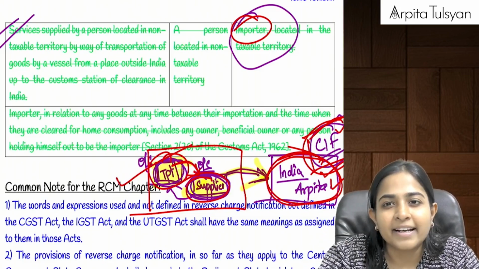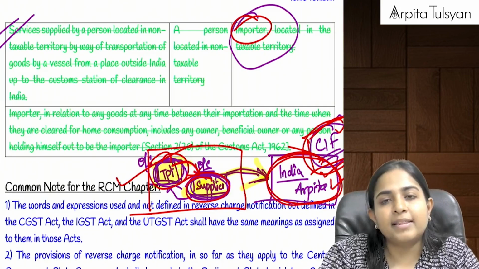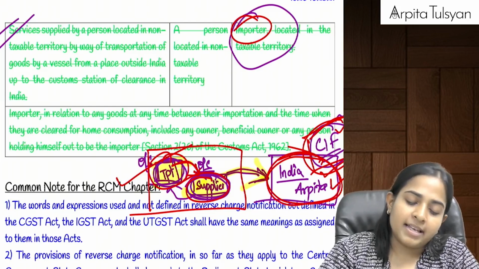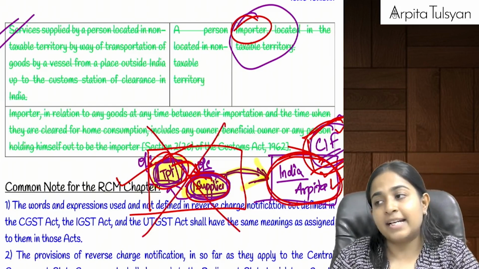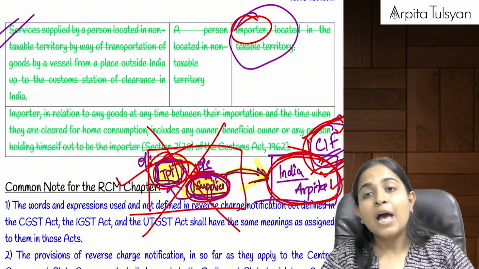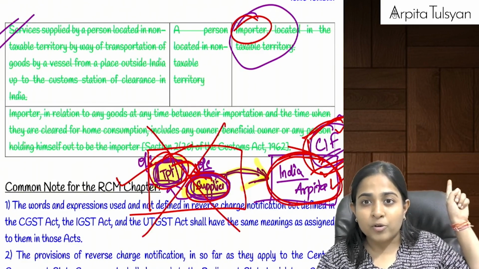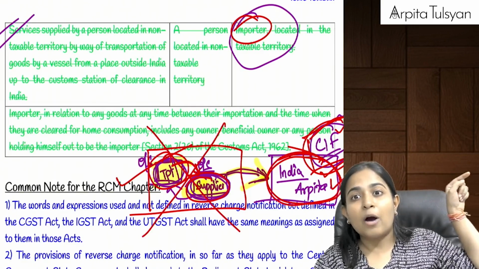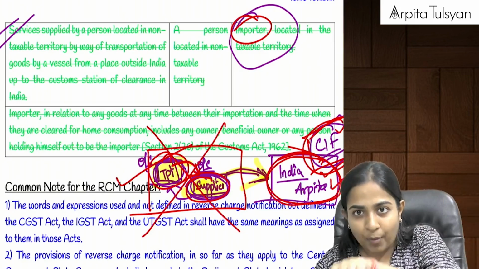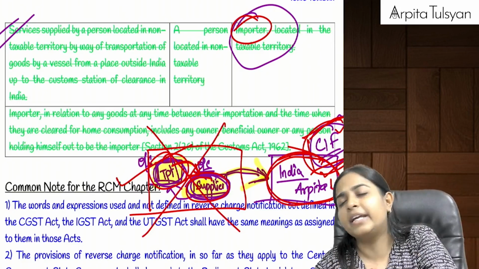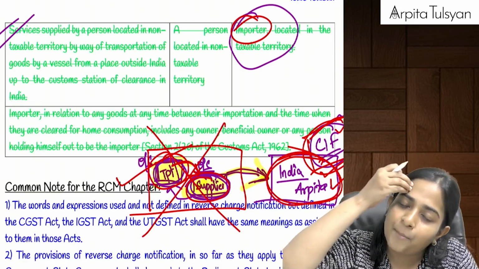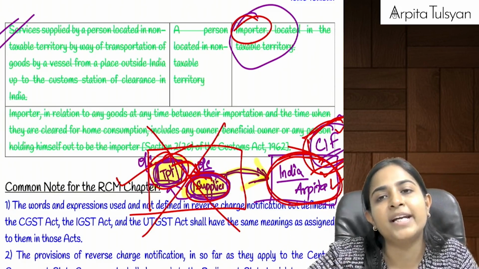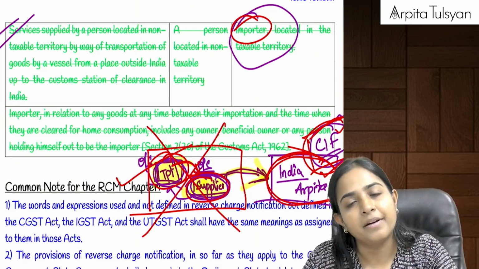Which is not correct. Therefore, in such a case, they said that on this particular transaction, that is on transportation services provided by a transporter from outside India to a supplier outside India, for which the tax was required to be paid by the importer here in India, there is no tax liability that should be put on the importer, because that importer is already liable for IGST when the import happens.